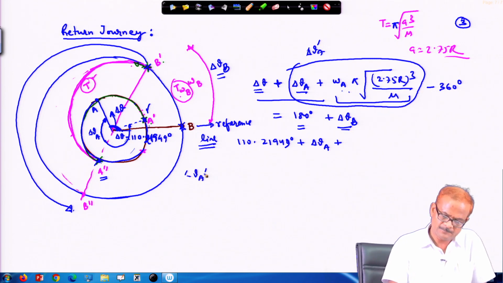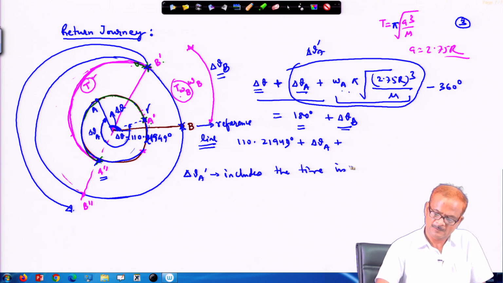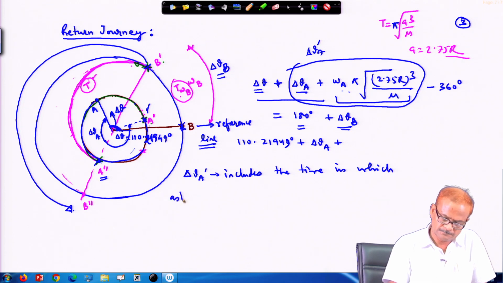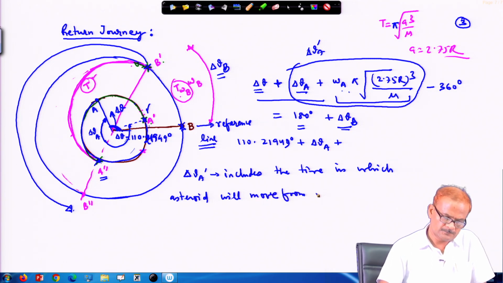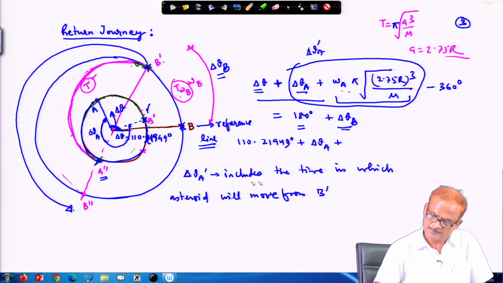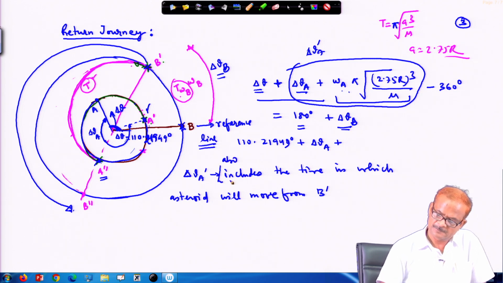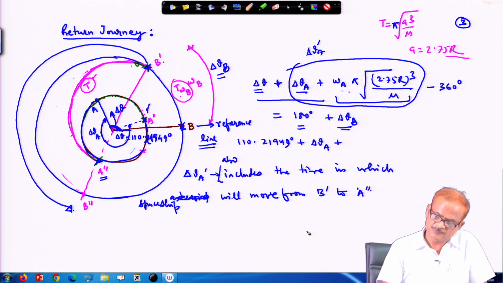So, delta theta A prime includes the time in which the spaceship will move from B prime to A double prime. This also includes.